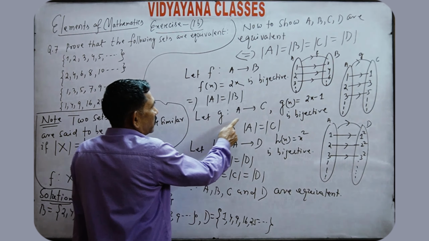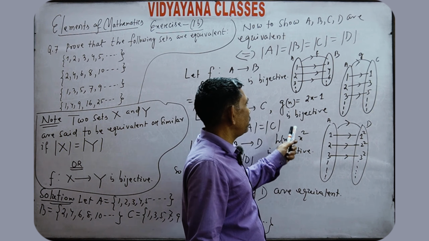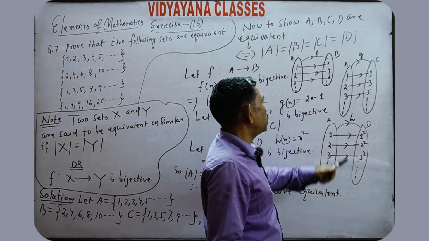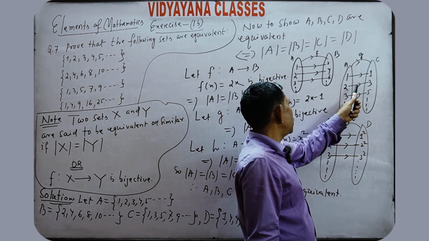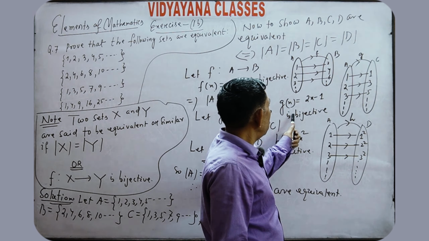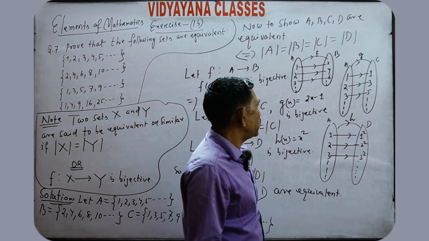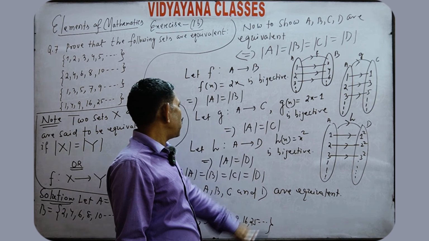Let g be the function from A to C, g(x) is equal to 2x minus 1. g(1) is equal to 1, g(2) is equal to 3. Clear? So g(x) is equal to 2x minus 1 is bijective. That means |A| is equal to |C|.